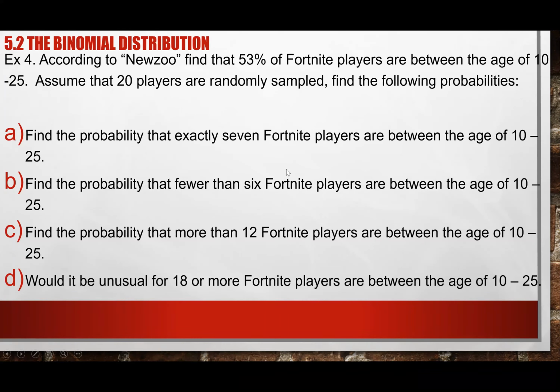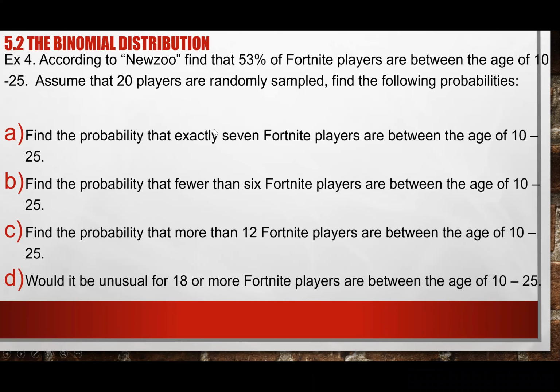Find the probability that exactly 7 Fortnite players are between the ages of 10 to 25. Find the probability that fewer than 6 Fortnite players are between the ages of 10 and 25. Find the probability that more than 12 Fortnite players are between the ages of 10 and 25. Would it be unusual for 18 or more Fortnite players to be between the ages of 10 to 25?